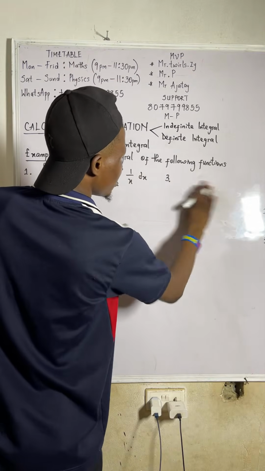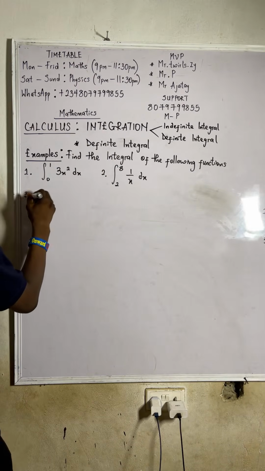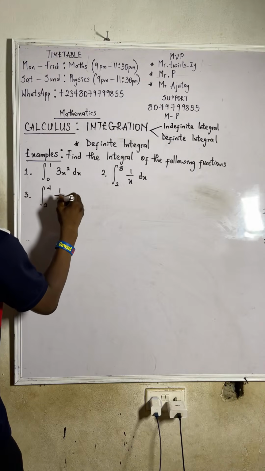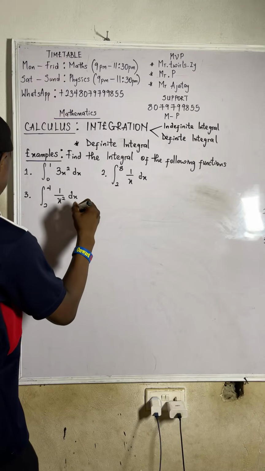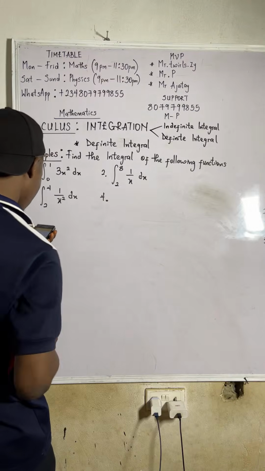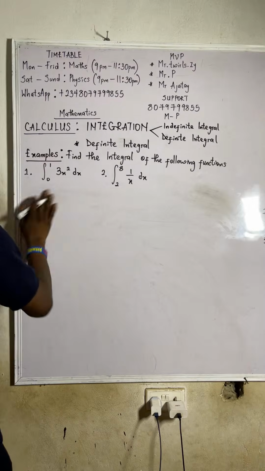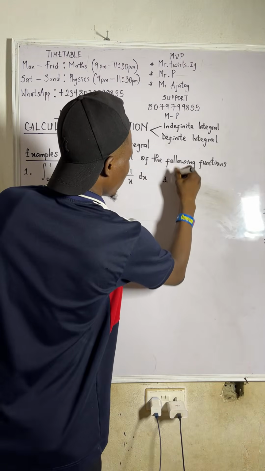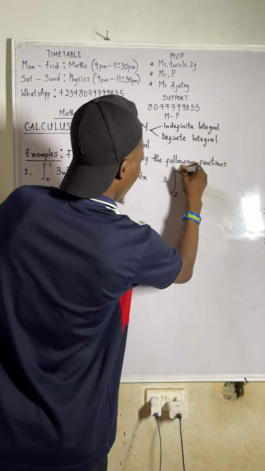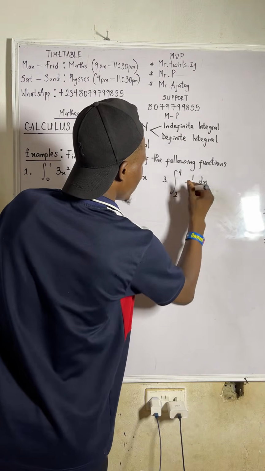Question 3 says integral from 2 to 4 of 1 over x squared dx. Let me stop here.